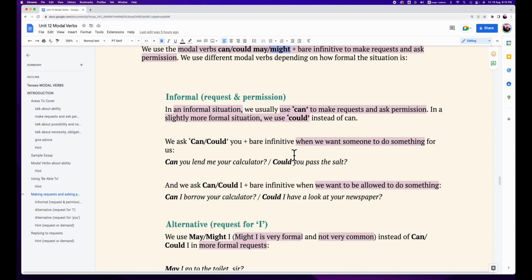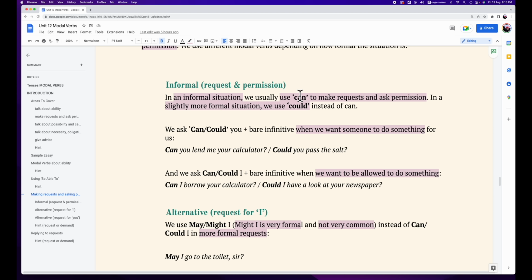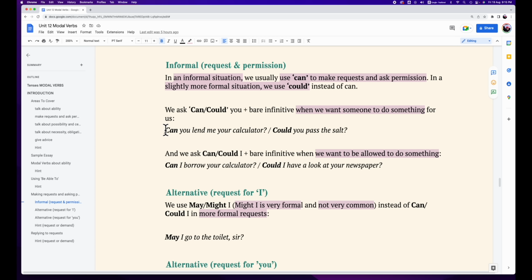In an informal situation, we can use can to make requests and ask permission. If that is a slightly more formal situation, we could use could instead of can. For example, can you lend me your calculator? Or could you pass me the salt? We use can and could plus bare infinitive when we want someone to do something.